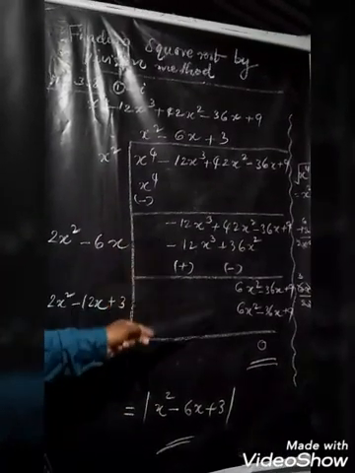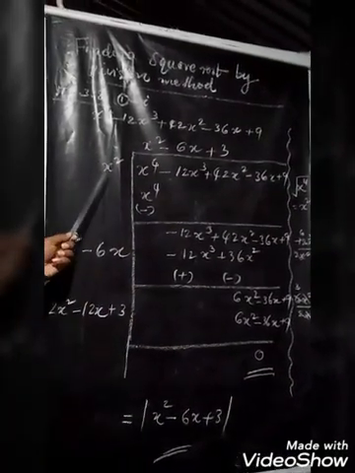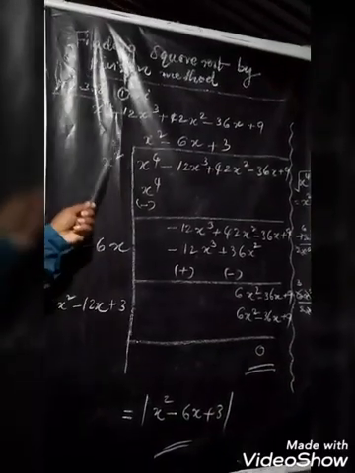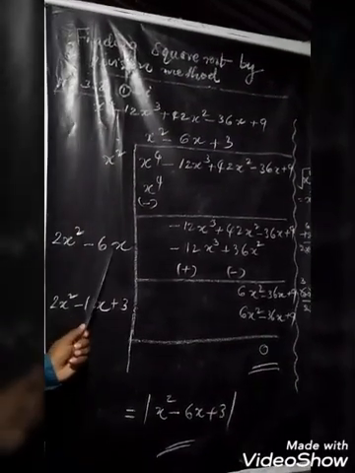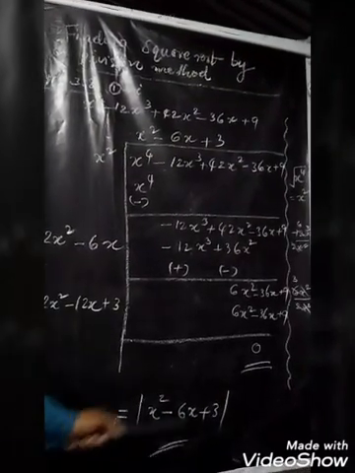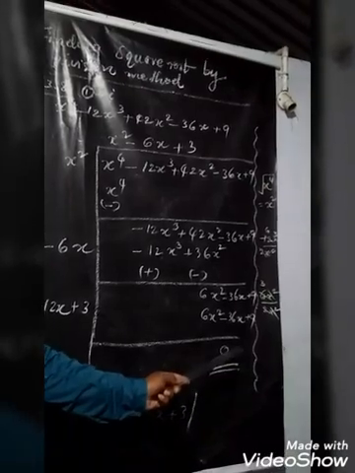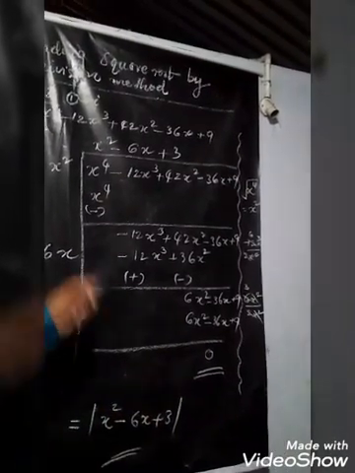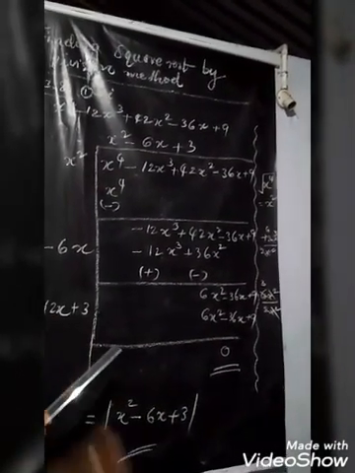Mainly 3 stages of division. Remember that in the first stage you use one term only, in the second stage 2 terms, and in the third stage 3 terms. Okay, and finally you get 0. If you are not getting 0 finally, the given polynomial is not a perfect square.